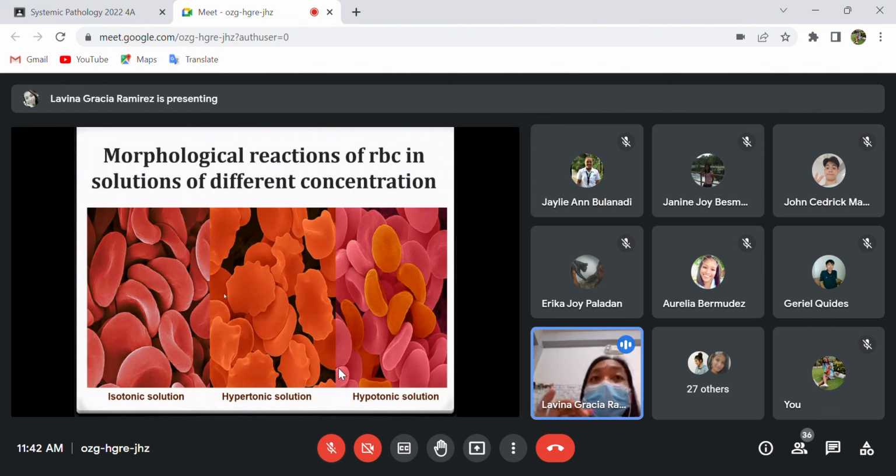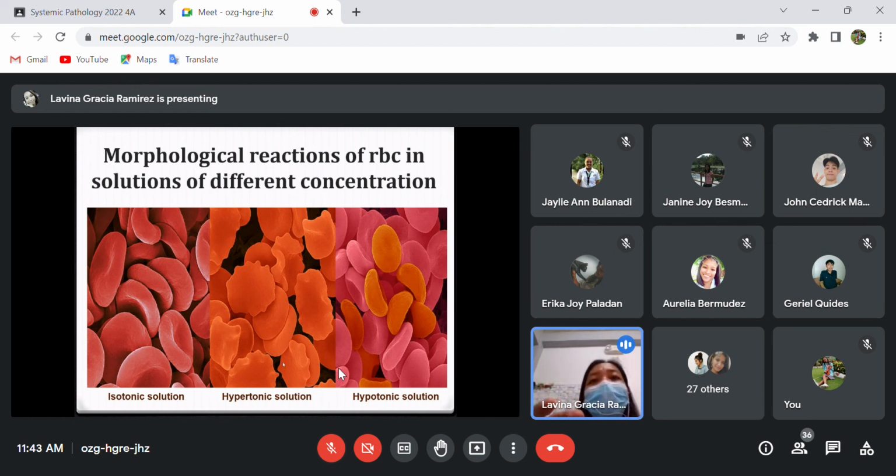Diba meron tayong intracellular fluid, extracellular fluid. So what happened here is that the high concentration will be the one that depicts the movement from lower to high concentration. That's why there is a crenation. Nagkakaroon ng shrink. So ganito yung magiging itsura. So ito yung mga titignan nyo once you give your therapy.